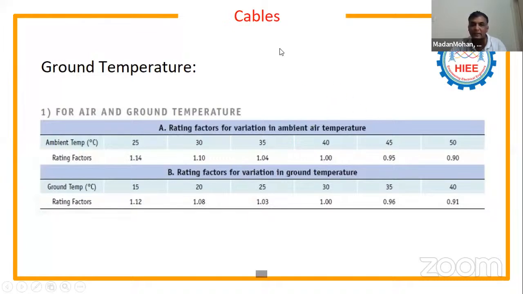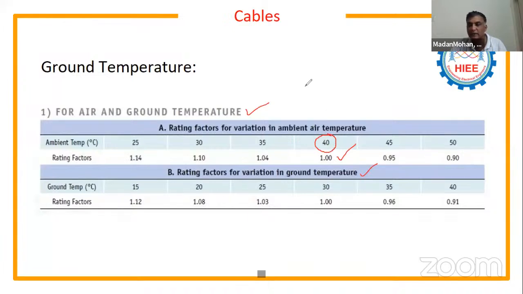Next will be the effect of ground temperature. What we discussed so far, the effect of ground temperature depends upon the laying methodology, whether you are going with above the ground or underground.